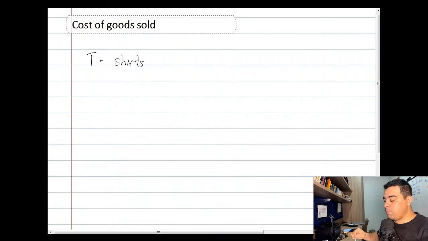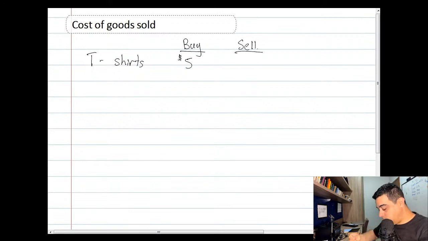So I have my t-shirts here, and I can buy each t-shirt for $5, and I sell them for, let's say, $8. So basically what I'm doing here is making a profit or margin of $3 per t-shirt.